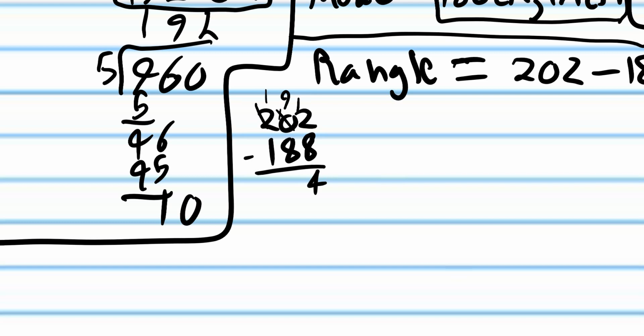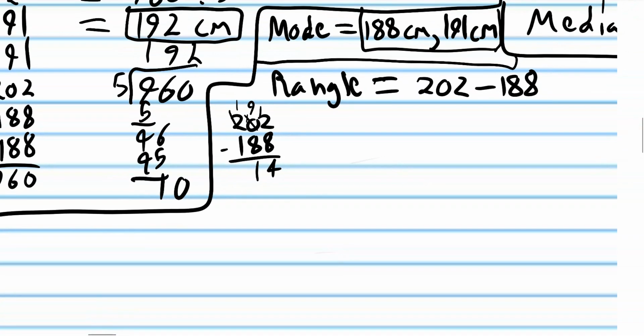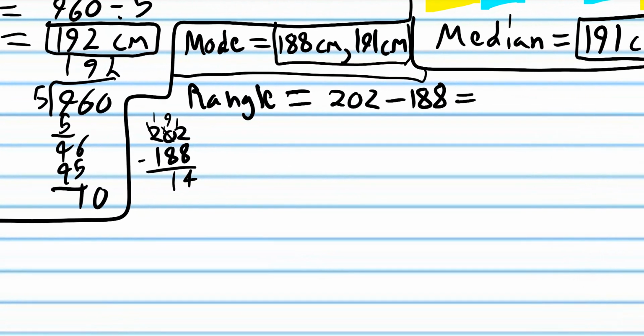So this is all review. So don't complain if that seems complicated because, again, this is review. You've already seen this. If you're a little rusty on it, that's okay. But you should recognize this, unless you didn't do the homework. So 9 minus 8 is 1, 1 minus 1 is 0. So 14 is the range, 14 centimeters.